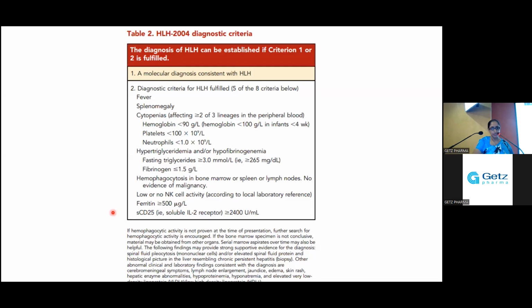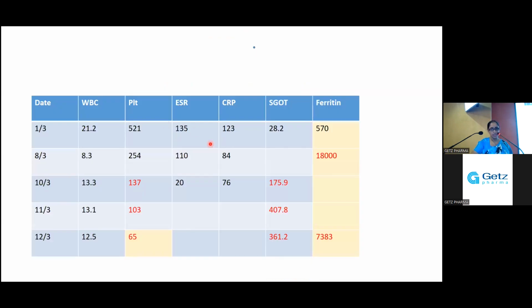So again, Udari was discussing this, so I just take your attention. This is our first case, my first death in macrophage activation. I have tried to compare the two things, the HLH 2004 criteria and the MAS criteria. This MAS criteria came, as Udari told, I'm repeating it, in 2016, when EULAR, ACR and PRINTO all got together.